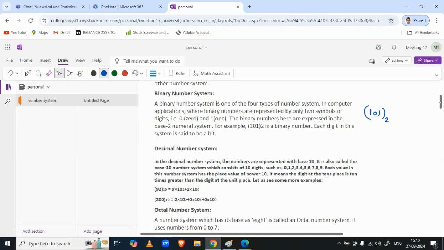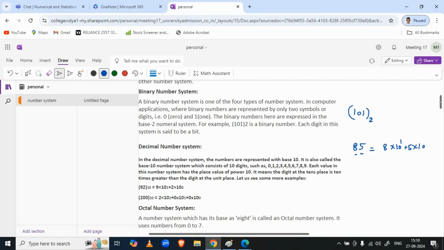If we want to write 85, 5 is at the unit place and 8 is at the tens place. So we write it as 8 × 10^1 plus 5 × 10^0. Ten to the power 0 means 1.